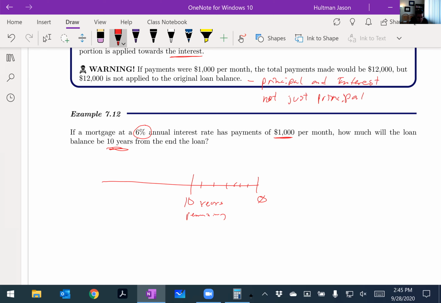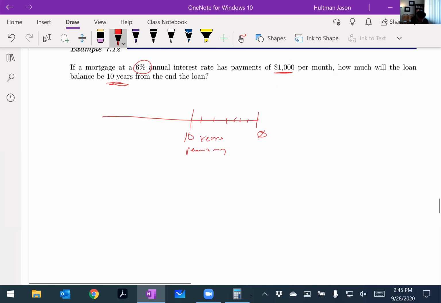Okay, then what's the present value of a loan that has 10 years remaining? That's what we want. We want basically what's the present value of a loan with $1,000 monthly payments.